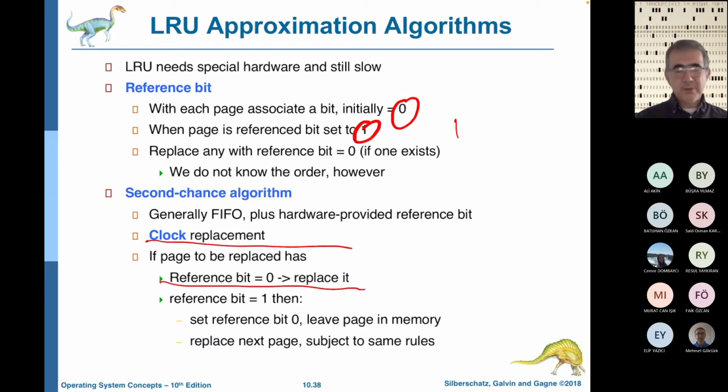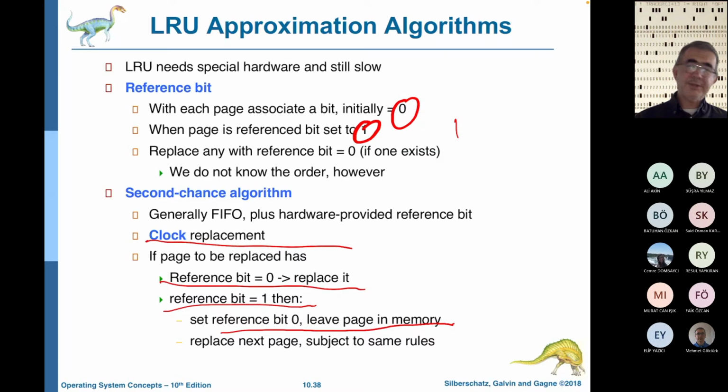If you have 0 as the clock, replace it, it's a victim. If you have 1, so it must be new. Make it 0 by giving a second chance, and replace that page next time.